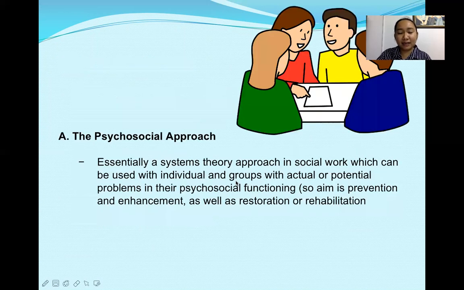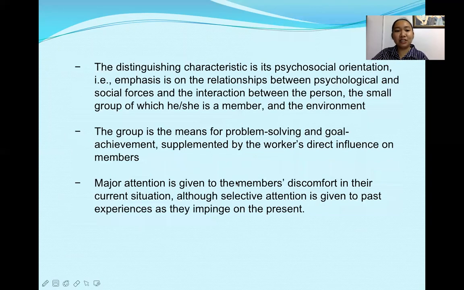So group work, just to have a glimpse of it, is incorporating different types of approaches according to the type of problems that we also want to address. For instance, psychosocial approach is gearing towards prevention and enhancement, as well as restoration or rehabilitation.